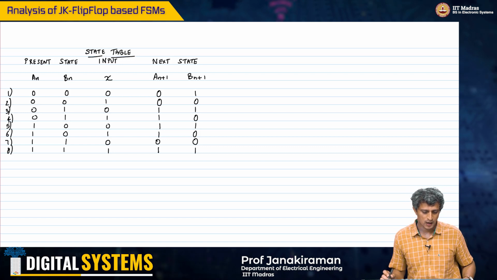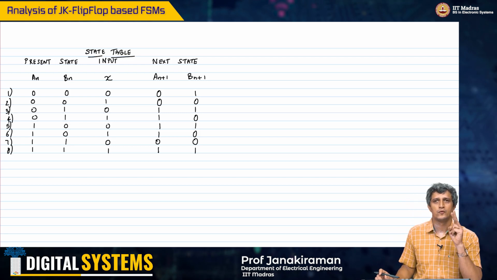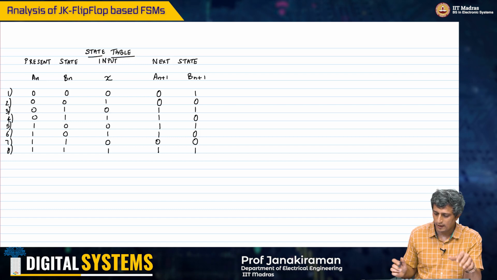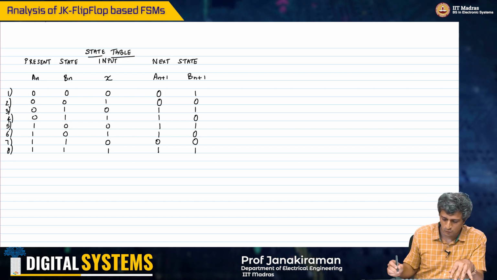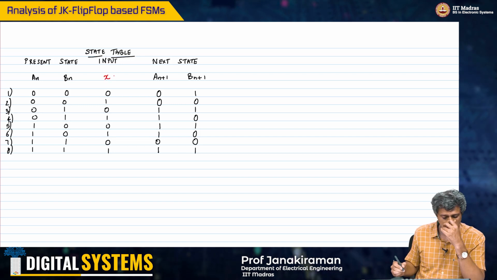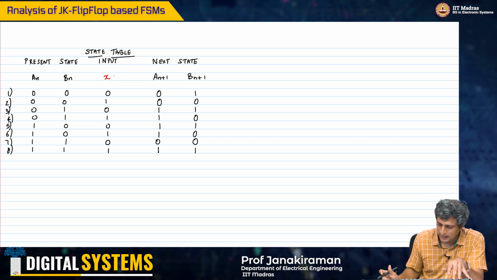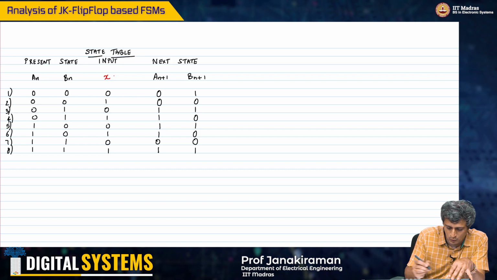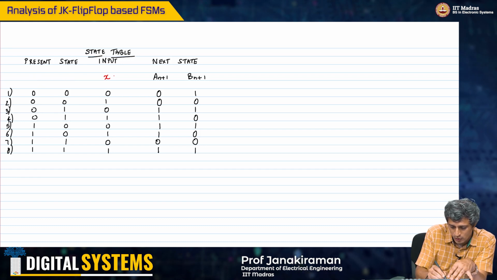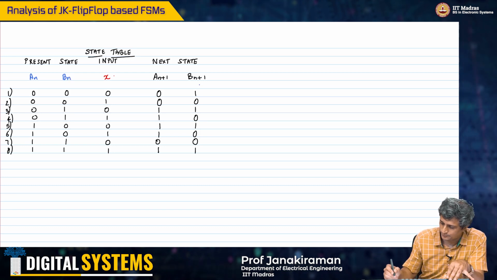So what do I have? Again I have 2 flip flops and therefore I have 4 states that I have to worry about. So like the last case, I am going to color code this X. I don't have an output, so I am not going to worry about that. I have only AN and BN.